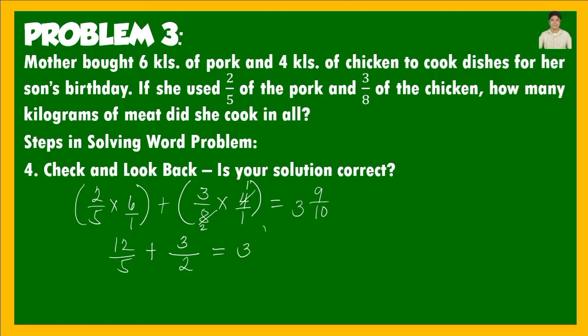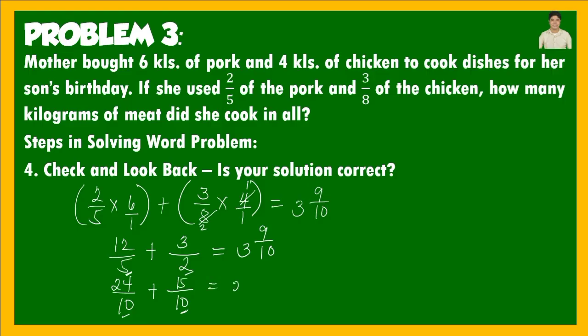Equals 3 and 9/10. Now, yung LCD ng 5 and 2 is 10. So, sulat natin 10 as the denominator para similar fraction sila. So, 10 divided by 5, we have 2 times 12, 24. 10 divided by 2, we have 5 times 3, 15.